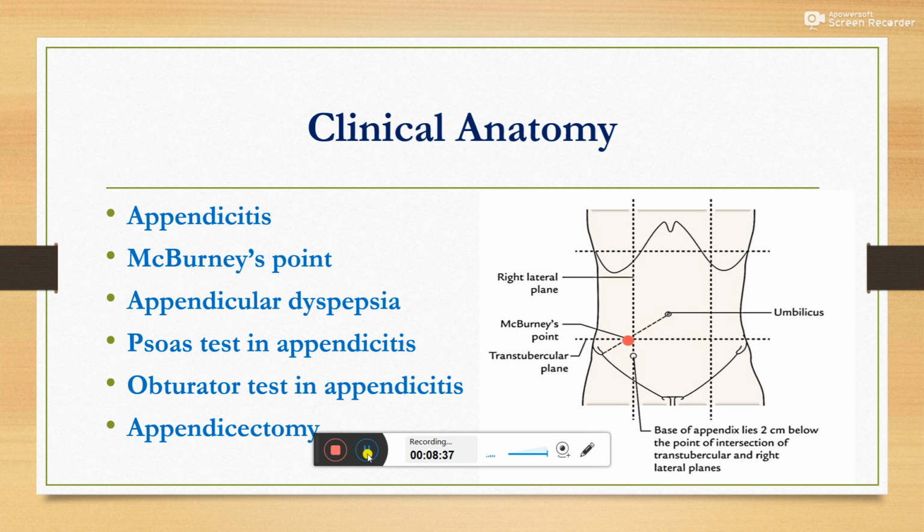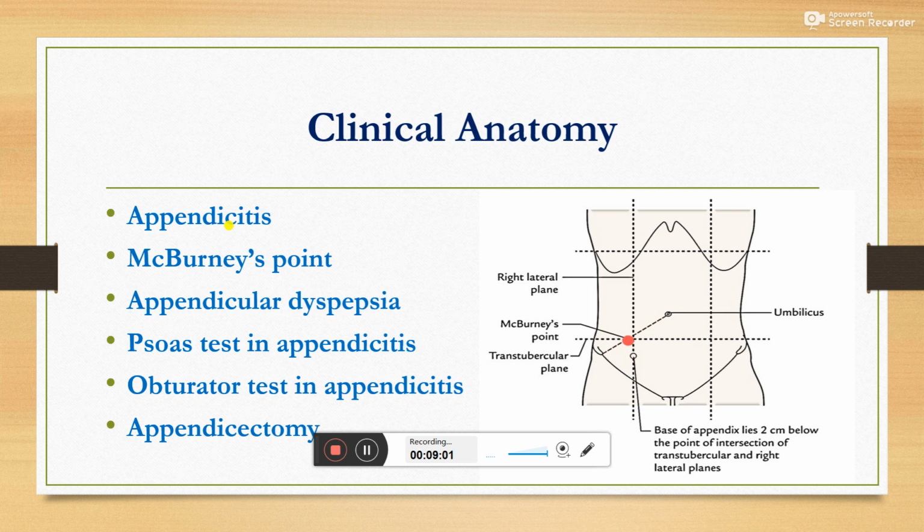Coming to the clinical anatomy of the appendix, let us see the conditions related to the appendix. First of all, appendicitis. Appendicitis is the inflammation of the appendix, and acute appendicitis is a common occurrence and is a surgical emergency. It commonly occurs due to obstruction of its lumen by a fecalith or edema.